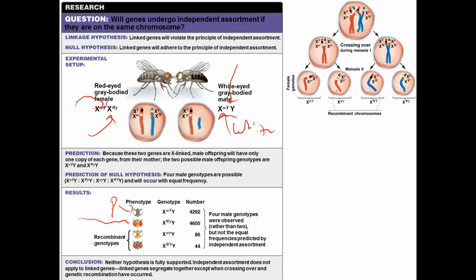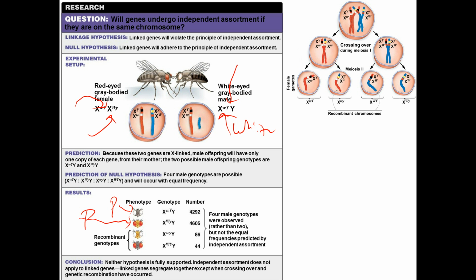Yellow-bodied, red eyes is one of the other possible phenotypes you would expect to see. Here you see very similar to parental phenotypes for these traits.